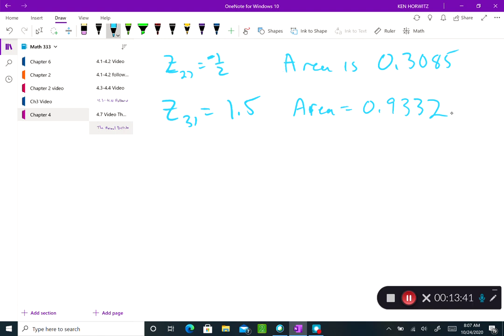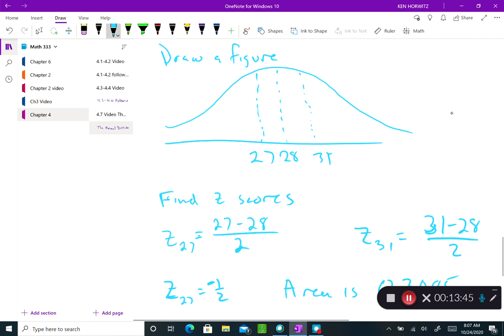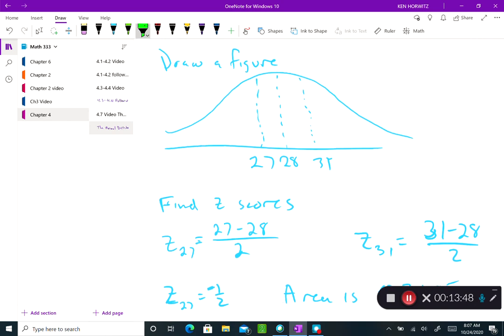Now I want to go back up to my drawing. Basically, what I'm looking for here is this area in the middle. So I'm taking the area to the left of 31, and then I want to subtract the area to the left of 27.